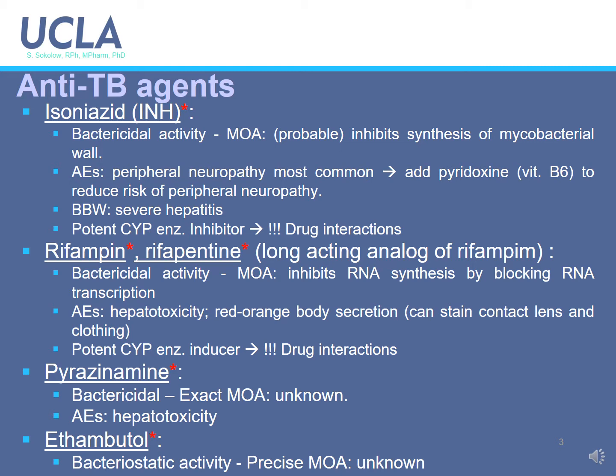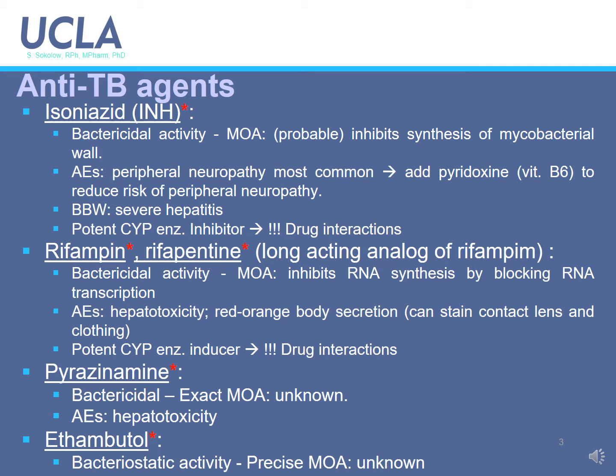The second agent that is used for the treatment of tuberculosis is rifampin or rifampicin, which is the long-acting analog of rifampin. Those drugs have bactericidal activities, and they actually inhibit the RNA synthesis by blocking the RNA transcription. Adverse effect can cause hepatotoxicity.